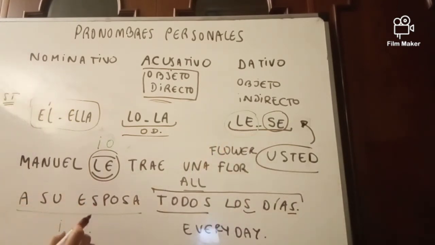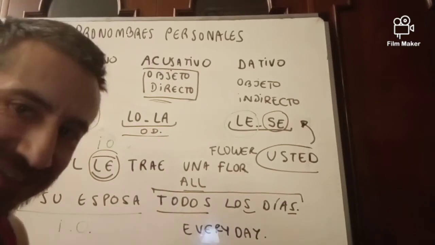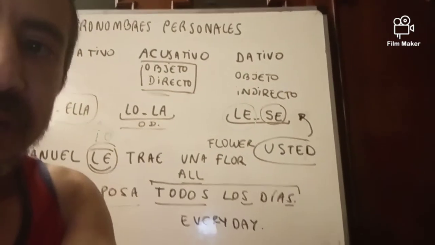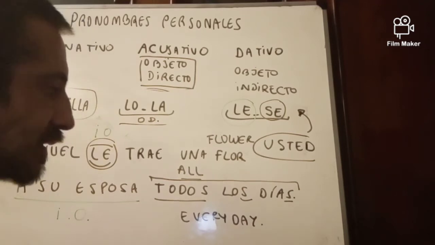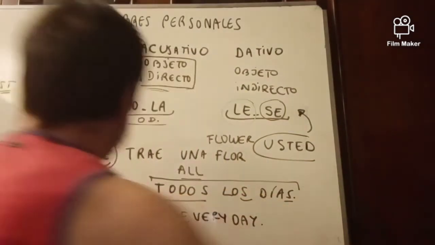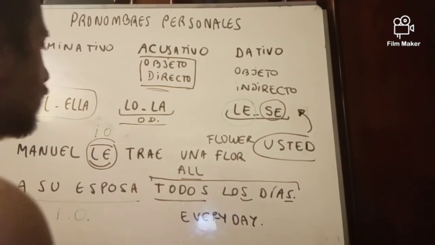To his wife. Now, let's make some changes that are very, very common in Spanish, so you have to learn them. Le trae una flor a su esposa todos los días.